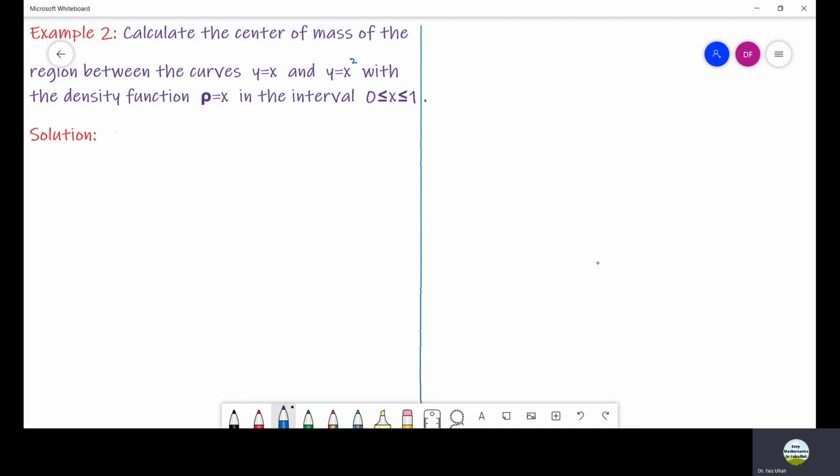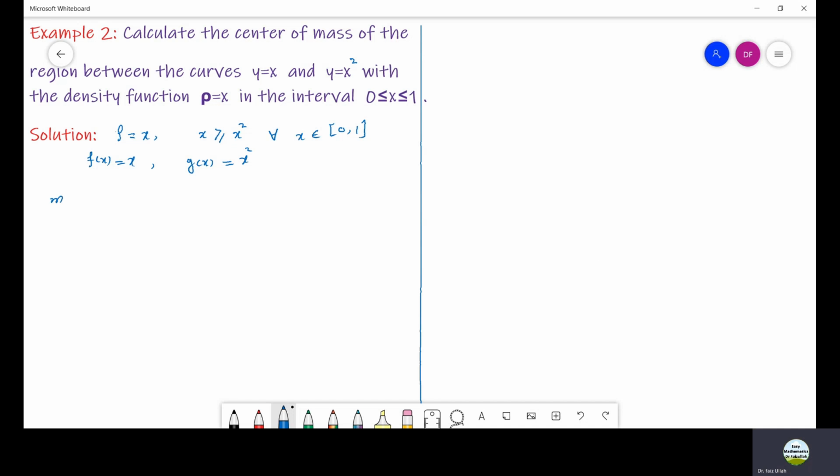In this example, we can see that density is a variable. We can also find that x is greater than or equal to x square for all x belonging to the interval 0, 1. So we take f of x equal to x and g of x equal to x square.